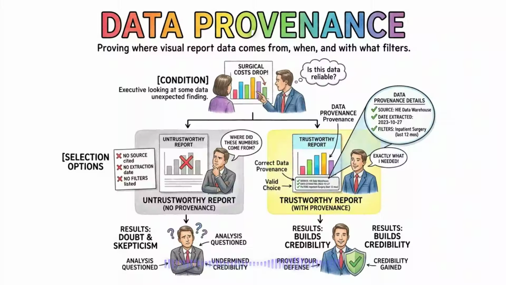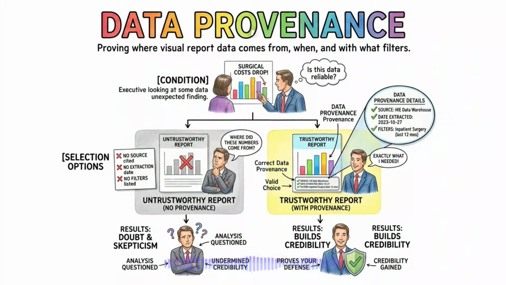When presenting any visual report, you must always establish trust by clearly displaying the data provenance. Data provenance means actively citing exactly where the data came from, the exact date it was extracted, and what specific filters were applied to the numbers.